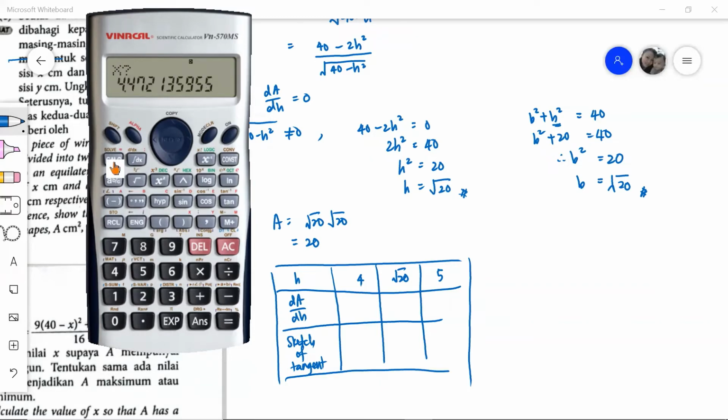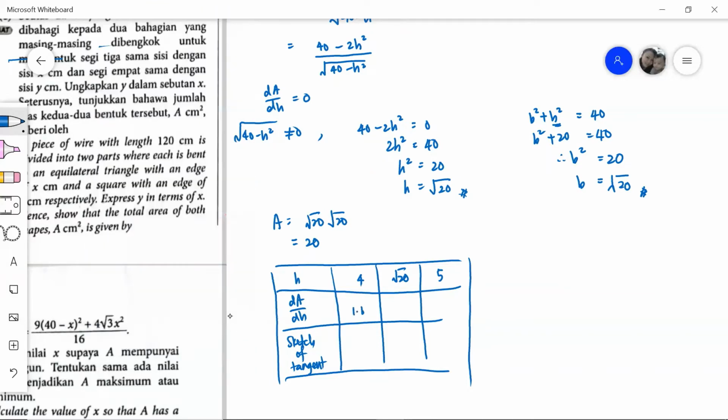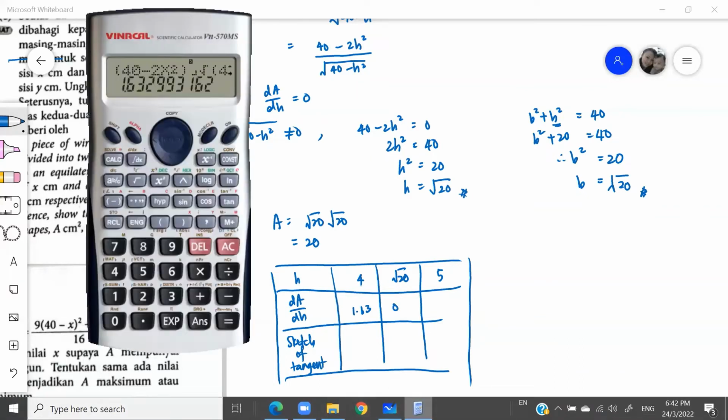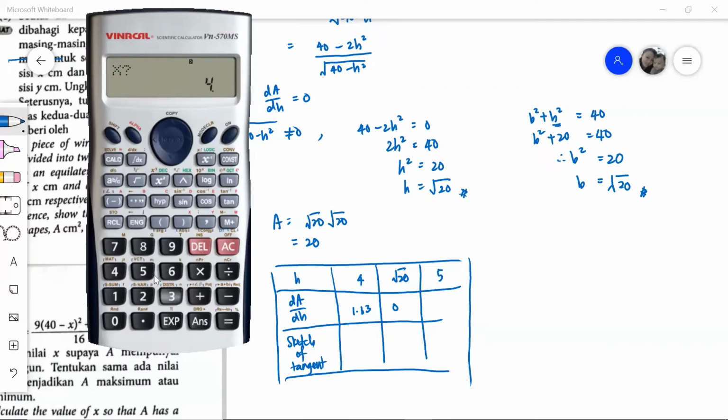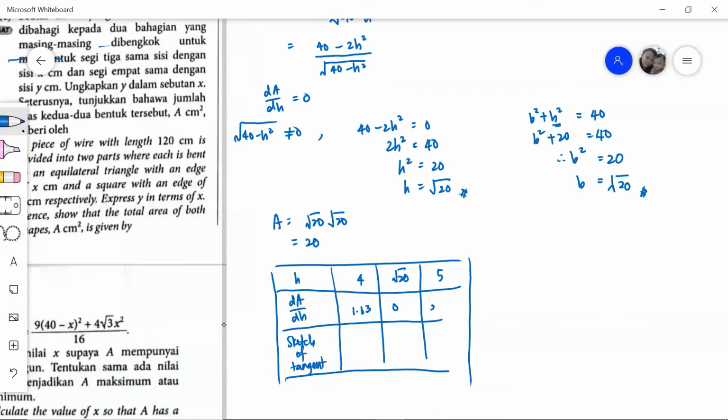When h is 4, we got 1.63. This is positive. What about when it is 5? So let's put 5 in. Negative 2.58. So the sketch of tangent: positive going uphill, negative going downhill.